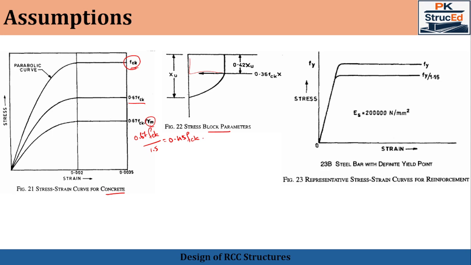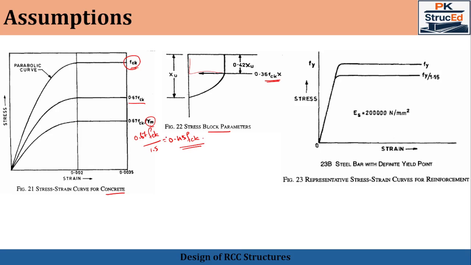So from figure 22, the resultant compressive force in concrete can be given by 0.36 fck into b into xu. Why does this 0.36 appear in this formula? The maximum design stress in concrete is 0.45 fck, that's what we derived now.